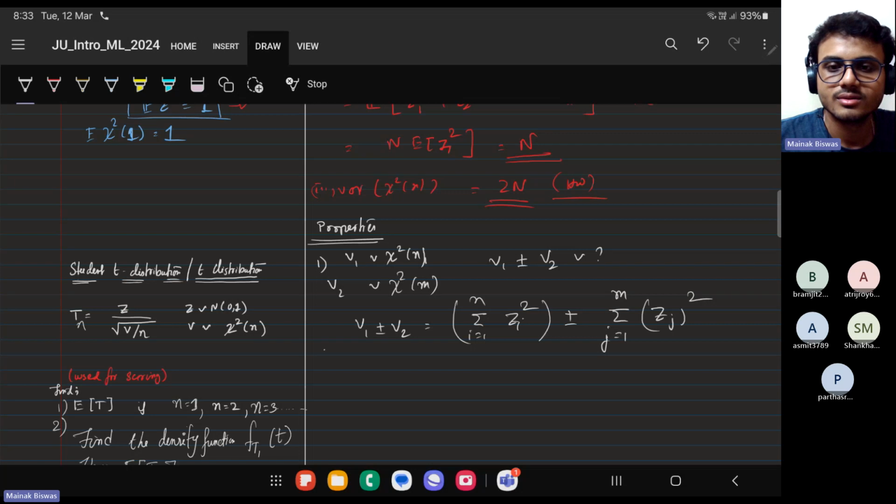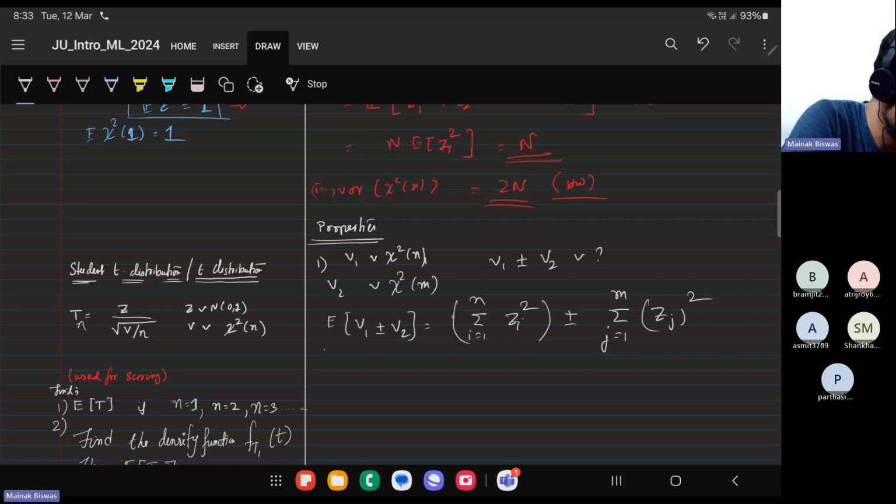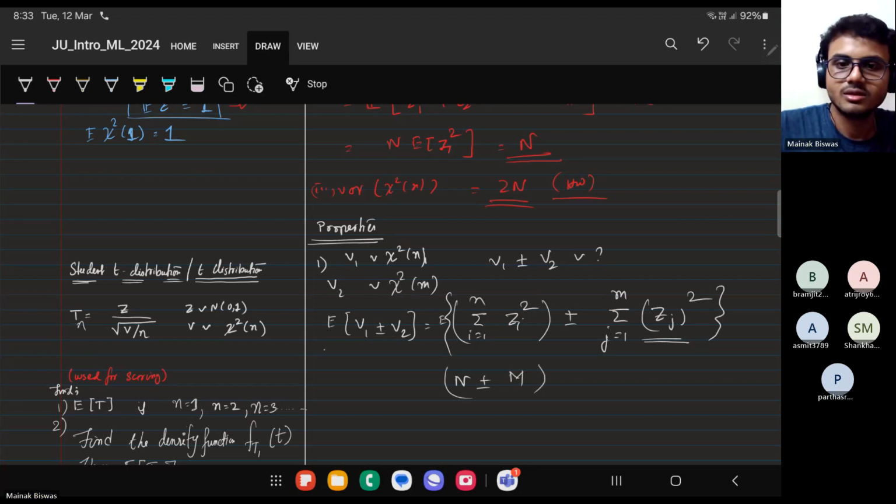And so on. For expected value, just to get an intuition, we'll see by the moment generating function. Expected value would become n, and you have the expected value of this as n plus or minus m, correct? Yes.